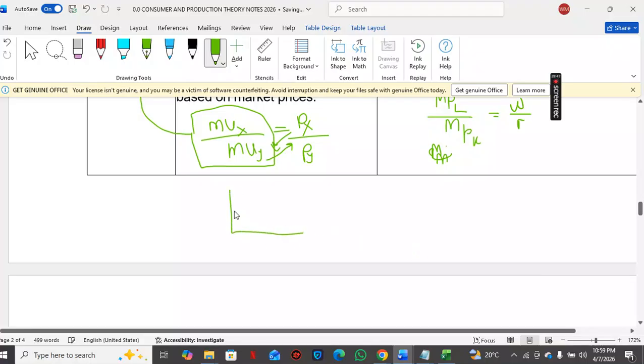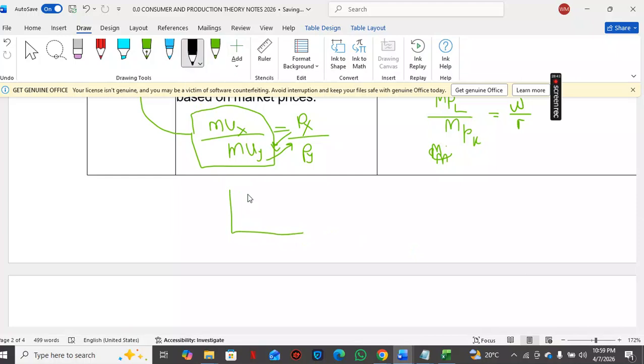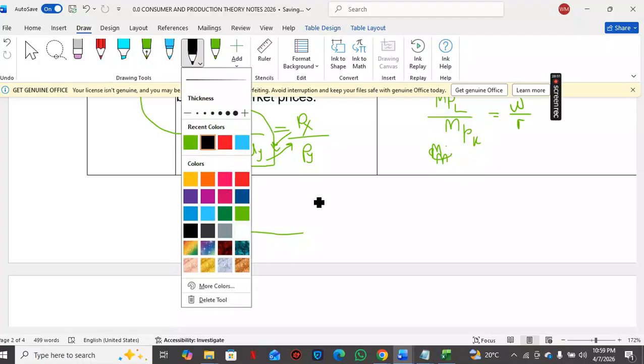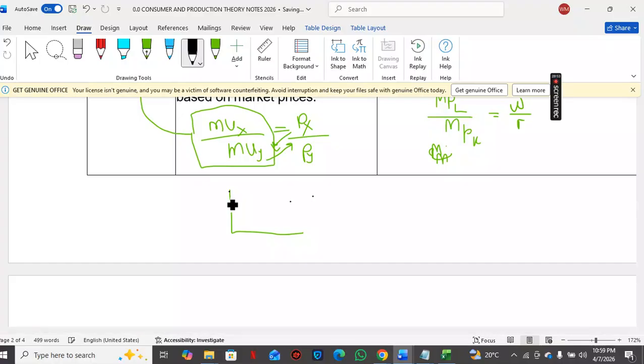For the budget constraint equation, for the consumer theory, your budget constraint line will be like this. Then your indifference curve, where it touches the budget constraint line, where these two meet, gives you the quantity of good Y you need to get and the quantity of good X you need to get.